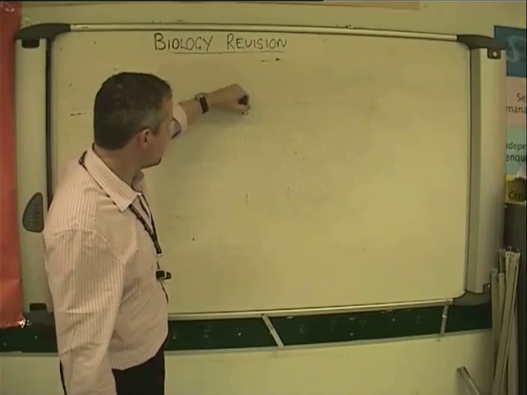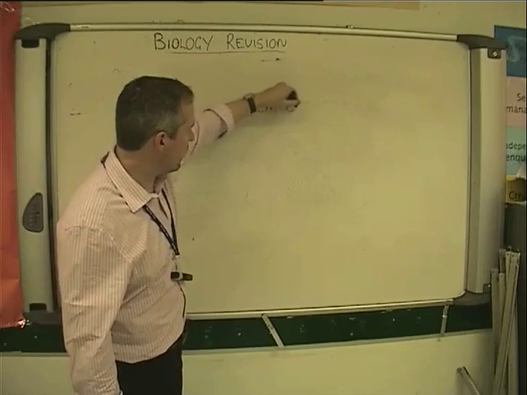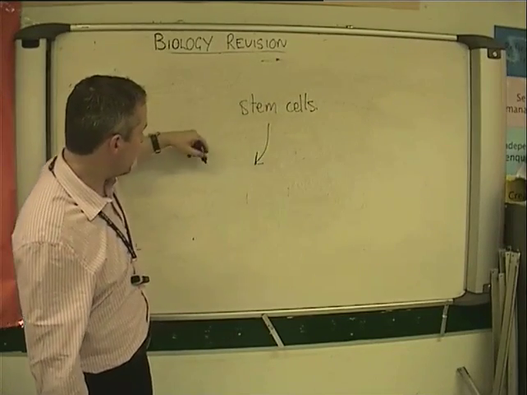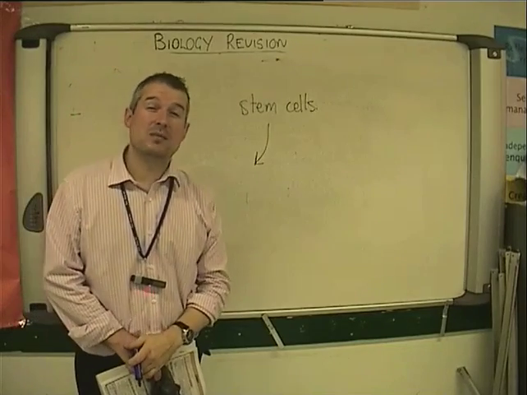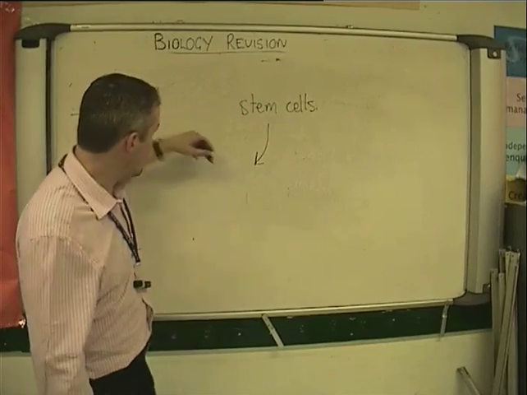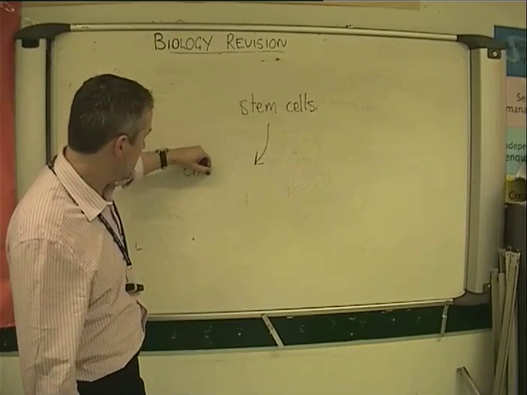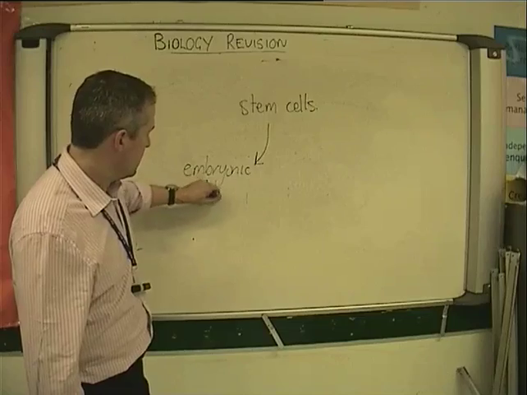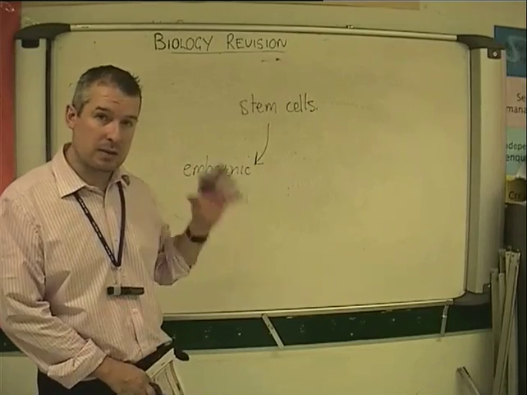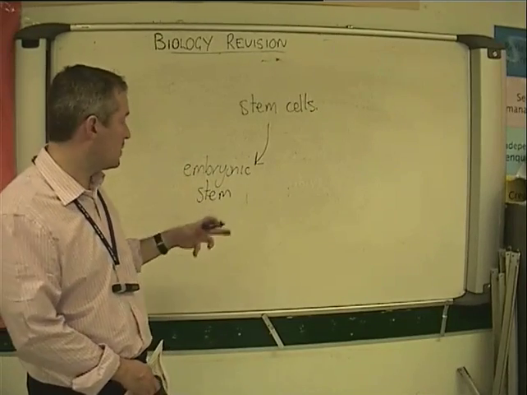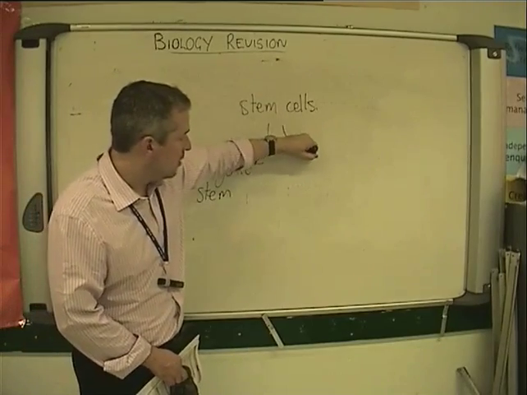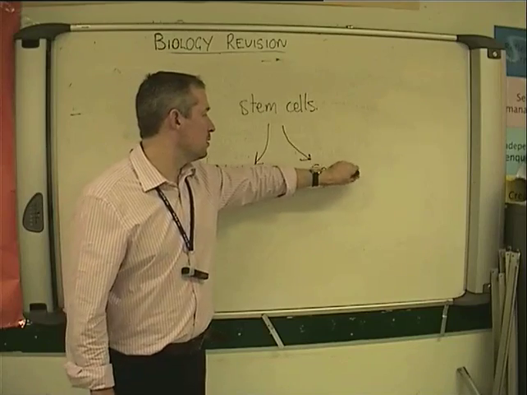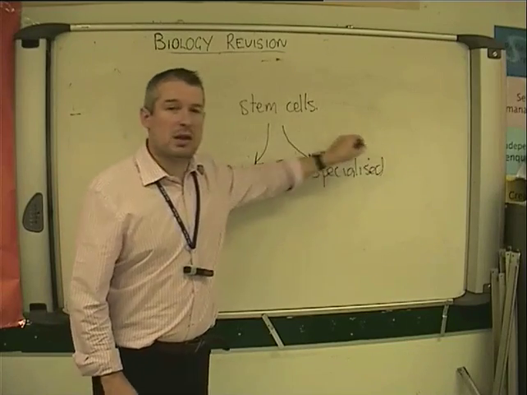Stem cells. Stem cells are very, very important types of cells. Because a stem cell can divide to form any type of cell in the body. Now the most powerful of these are called embryonic stem cells. An embryonic stem cell can become any other type of cell. As you get older, stem cells become what we call specialized stem cells.